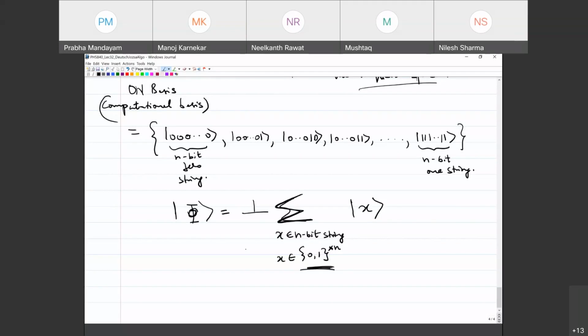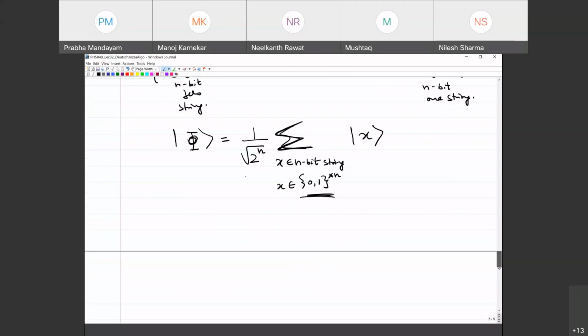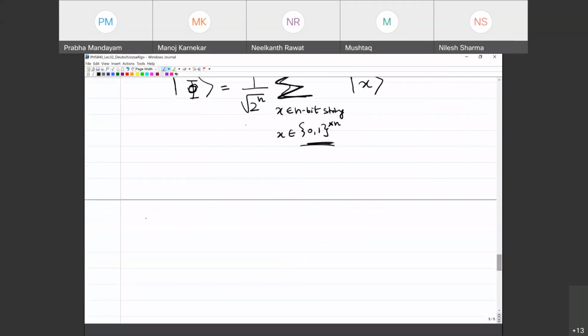Yes. Now, how do I get to this state? So the question is, suppose I start with the all 0 string. That is, you can call it 0 tensor n, which is the same as all zeros.